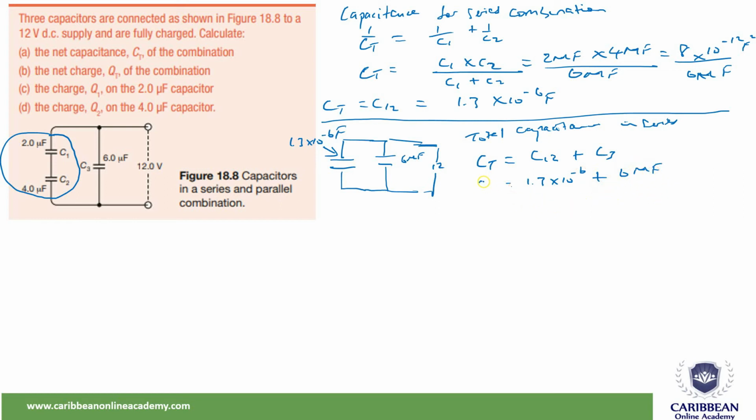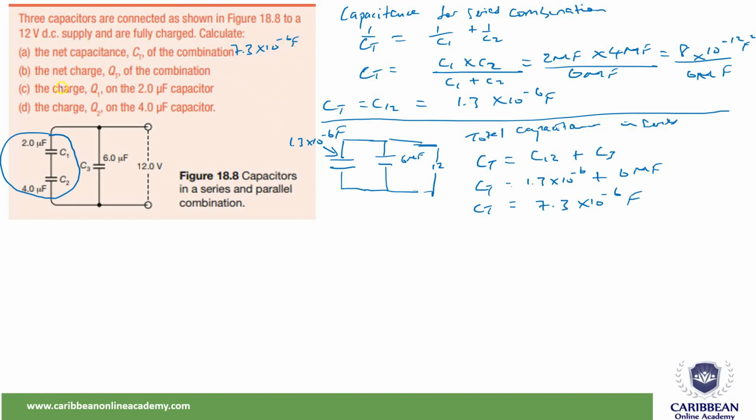So by way of adding all of this up, we get that CT is equal to 7.3 times 10 to the minus 6 farad. Good. So that's our total capacitance. So this answers this question: 7.3 times 10 to the minus 6 farad.